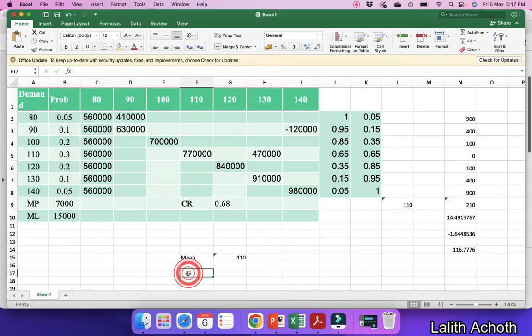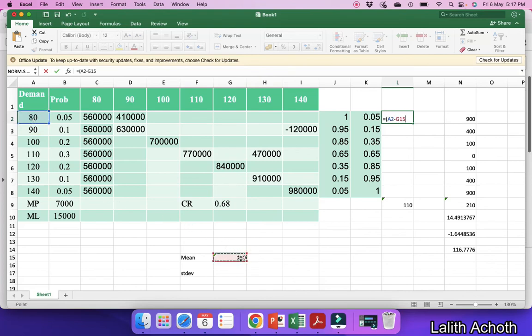Now I'll calculate the standard deviation. I'll create a new variable which will give me the difference. It'll give me the difference of 80, I'll use a bracket, equal to 80 minus the mean, which I have to fix with function F4.